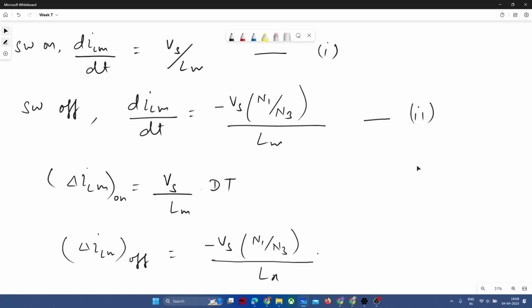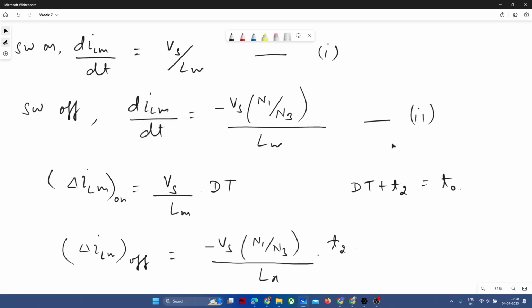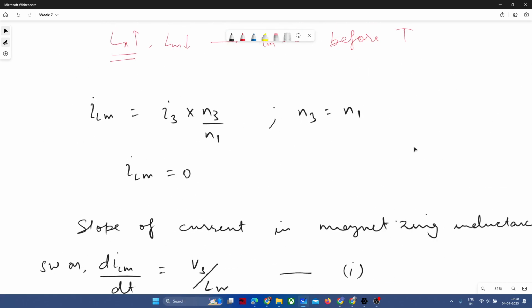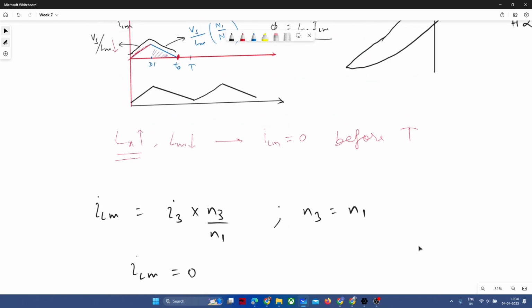We will take it as a small t2, and we are stating that dt plus t2 is equal to t naught, where ILm is getting 0. This instant we are saying t naught.